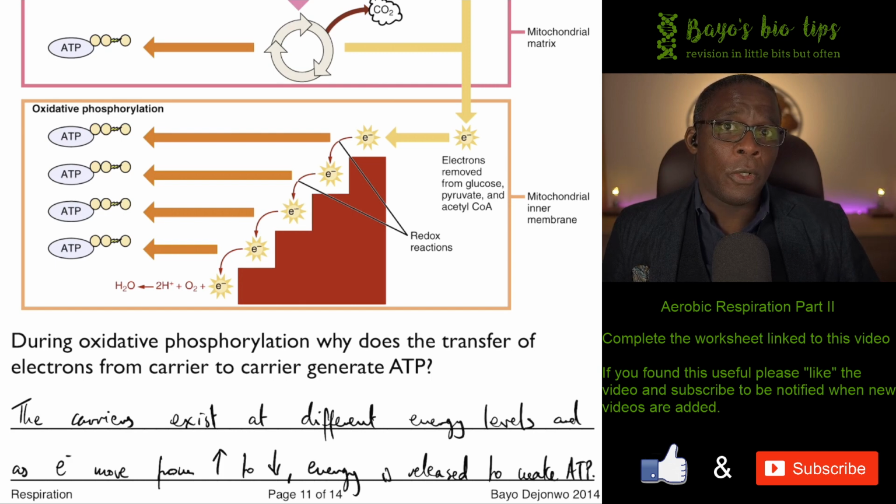As the protons flow through those stalked particles in the inner mitochondrial membrane, because the stalked particles have ATP synthase on them, an enzyme which brings about the generation of ATP or phosphorylation of ADP to ATP, that movement generates ATP.